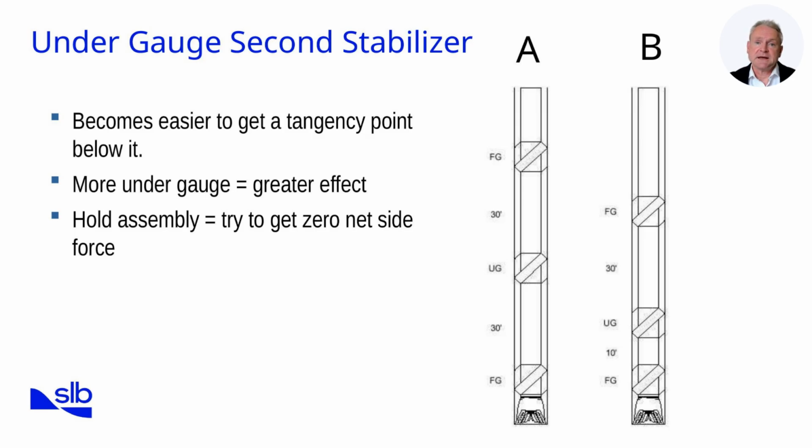The second BHA, annotated as B, has an undergauge string stabilizer much closer to the near bit stabilizer. Which BHA will deliver more build? Well, BHA A should build more because the longer spacing increases the fulcrum effect.